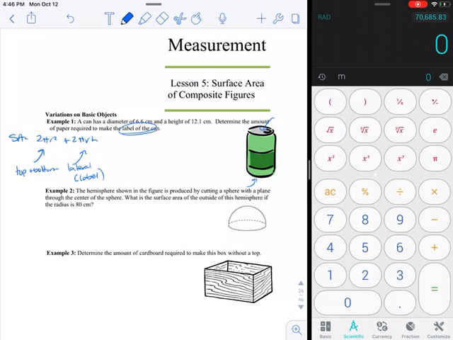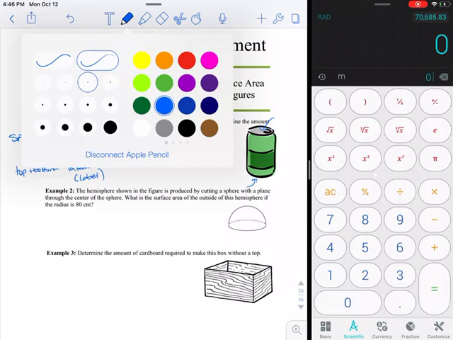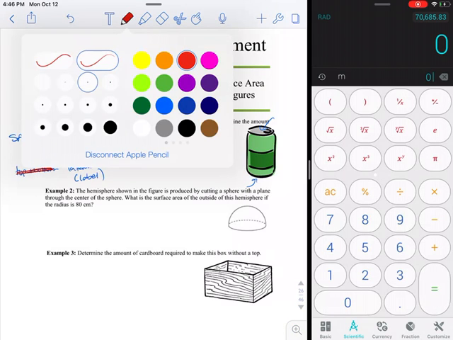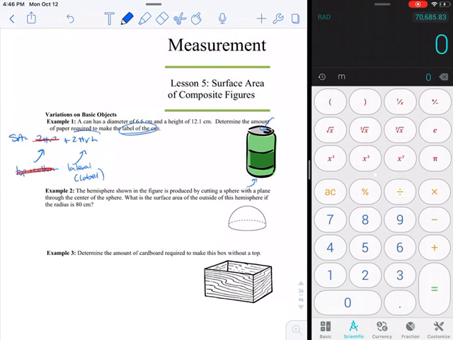Well, we don't need to use the entire formula. We can scratch out that part because we do not need the top and the bottom. What we do need is the lateral area because that's where the actual label is. So the surface area is 2 times pi times the radius, which we need to figure out.